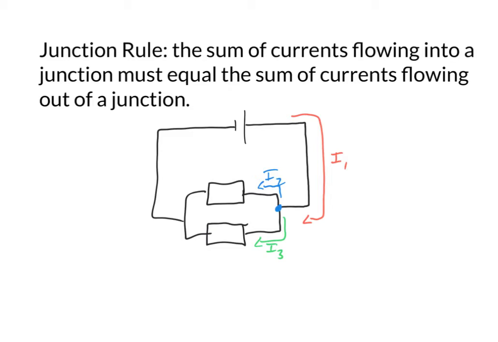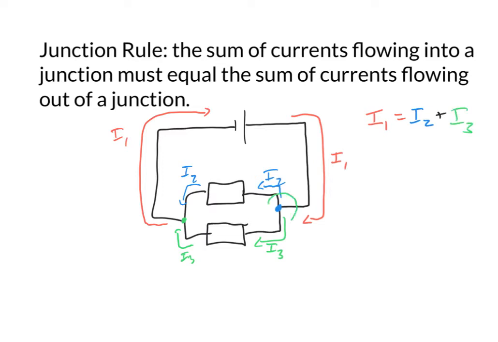But then, at this junction here, my currents I3 and I2 will return and reform back into I1. And so what I can say is that the relationship between my 3 currents is as follows. I1 is equal to I2 plus I3. And I can see that at my first junction, and I can see that at my second junction.